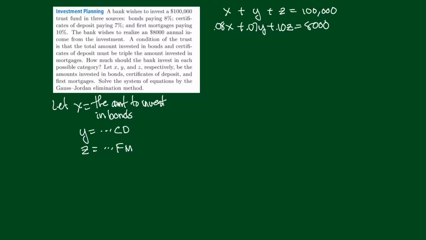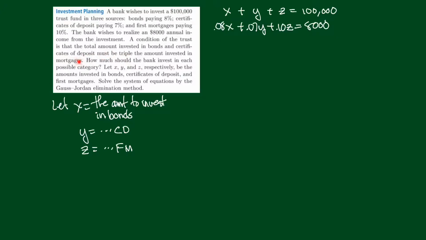Now we need another equation. There seems to be some more information. It says this. A condition of the trust is that the total amount invested in bonds and certificates, all right, the total amount in bonds and certificates. Bonds is x, certificates is y, and that total is x plus y. That total amount in bonds and certificates must equal triple the amount invested in mortgages.